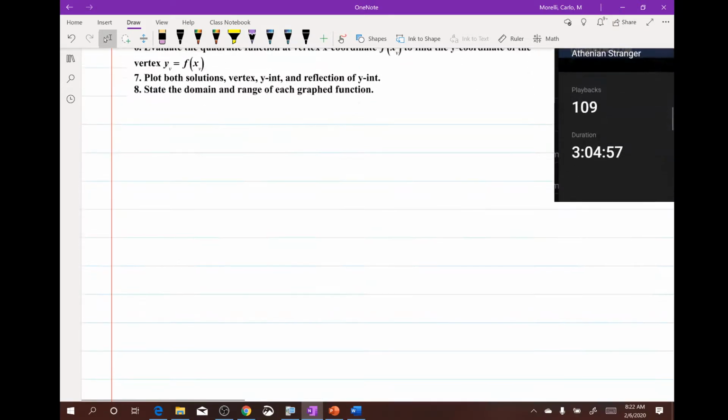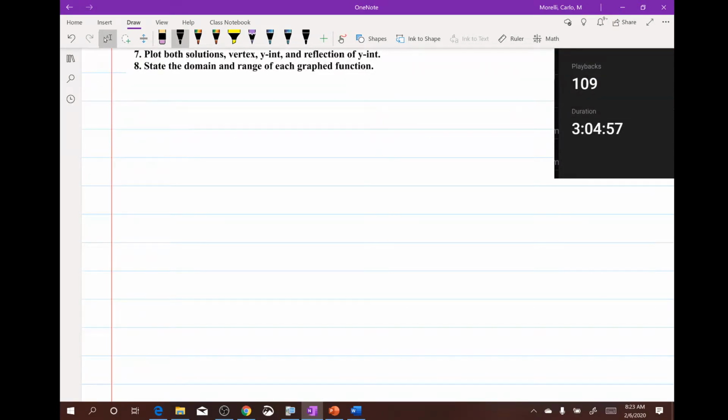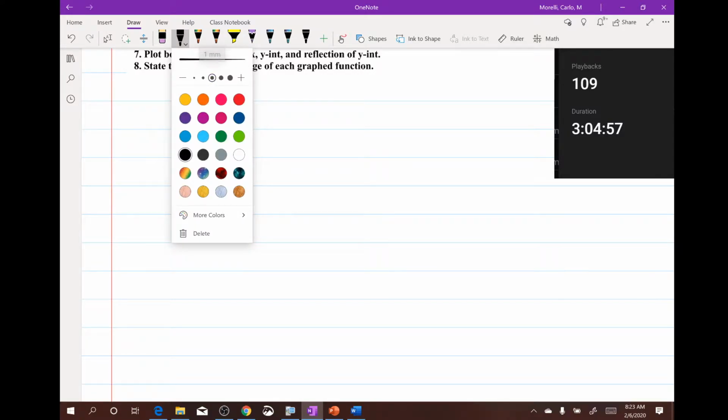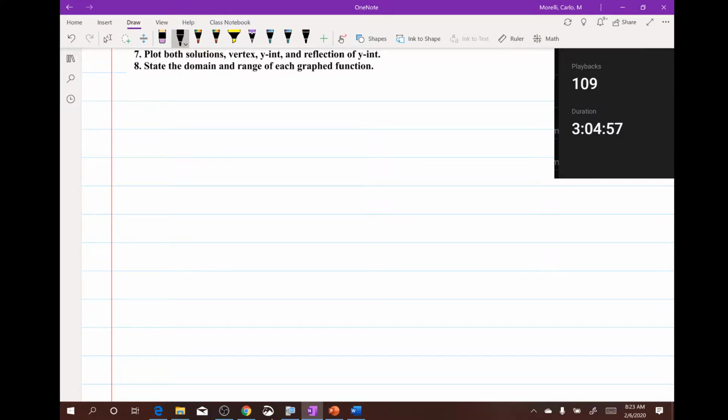This is a simple quadratic because the leading coefficient is 1. Okay, number 1 from the CUDA worksheet: y equals x squared minus 8x plus 13.